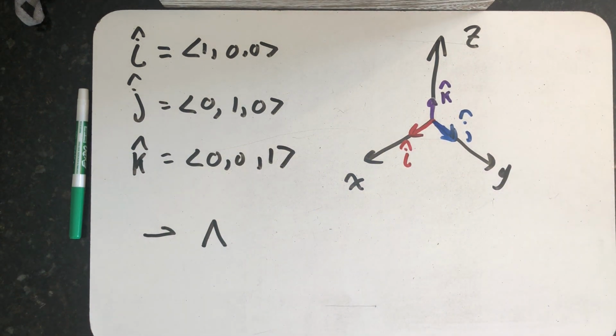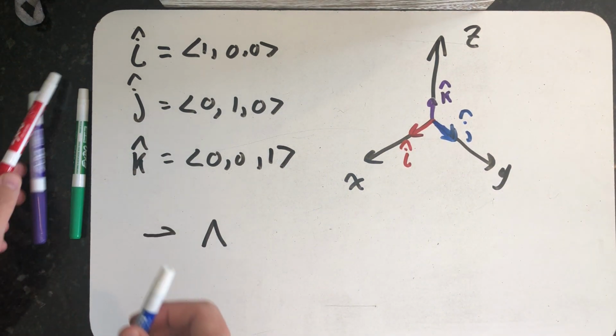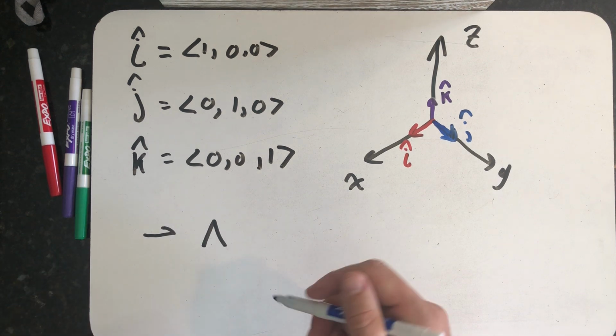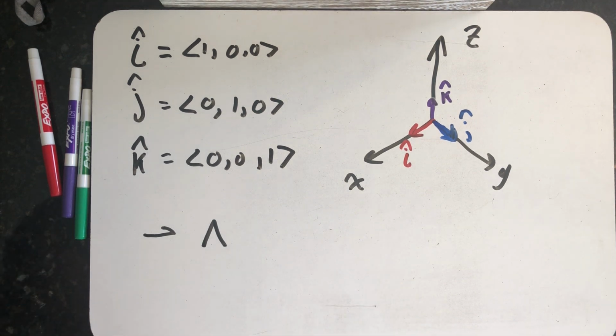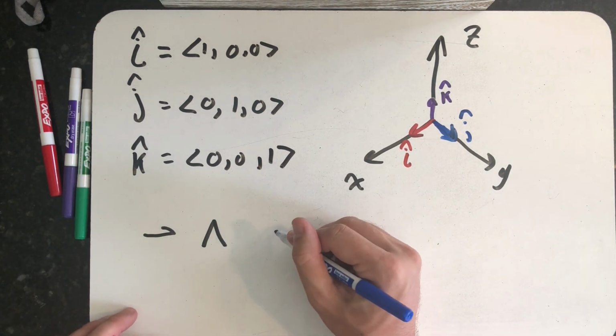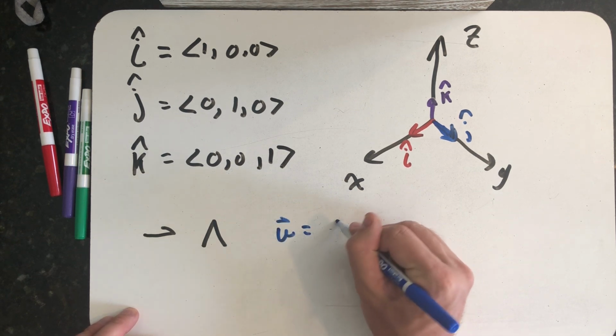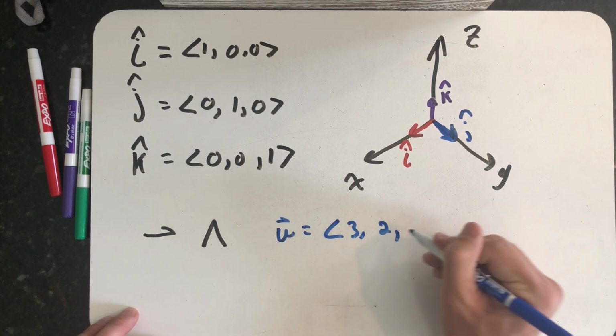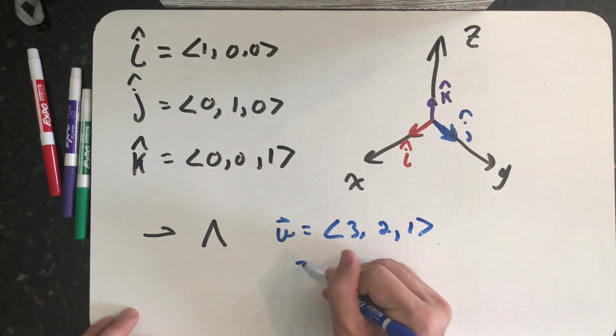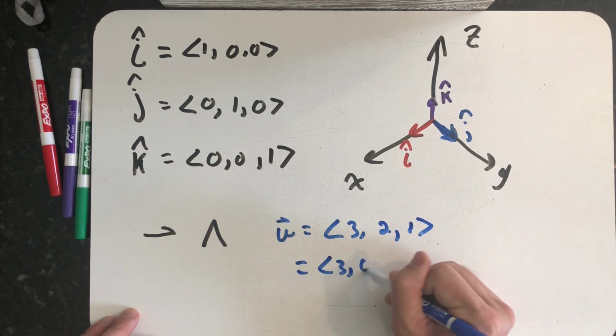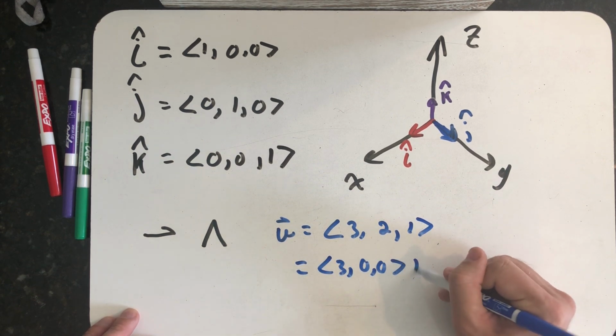These 3 unit vectors give us a very handy way of writing down vectors moving forward. So if I imagine that vector I started this conversation with, u equals (3, 2, 1), I could rewrite that in this kind of silly way.